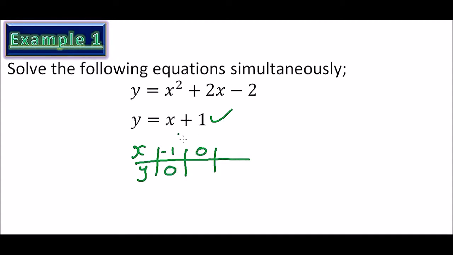When x is 0, we substitute 0 here, so y will be 1. When x is 1, it is 1 plus 1, you get 2. So we use this table to plot this linear graph.